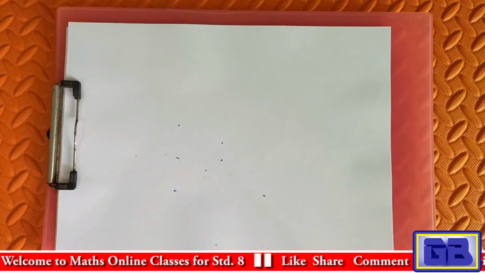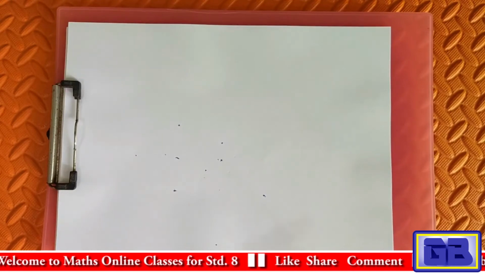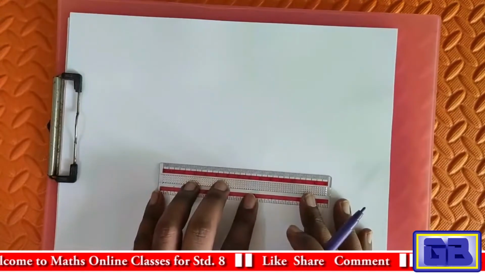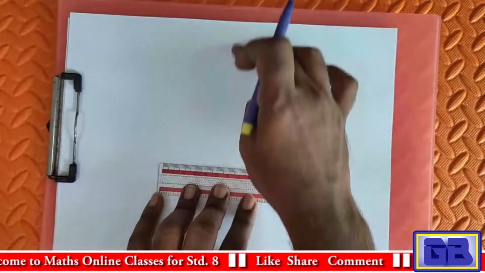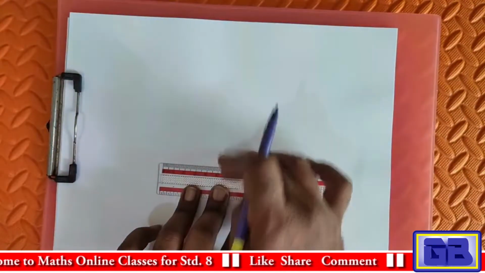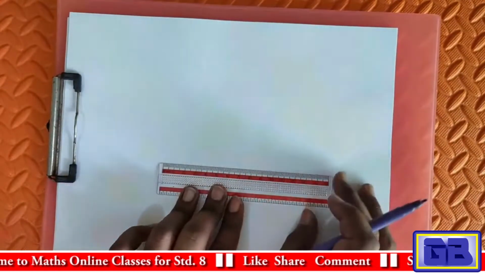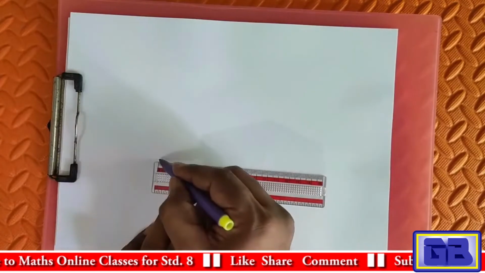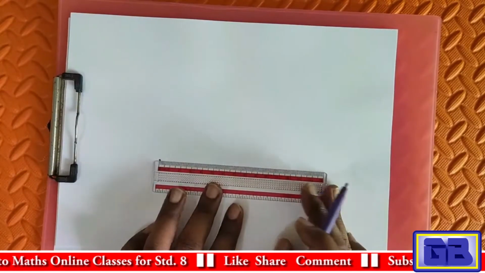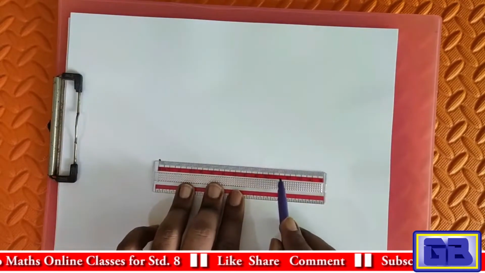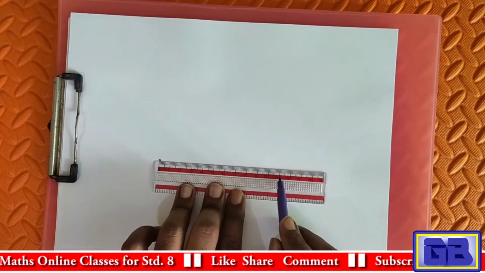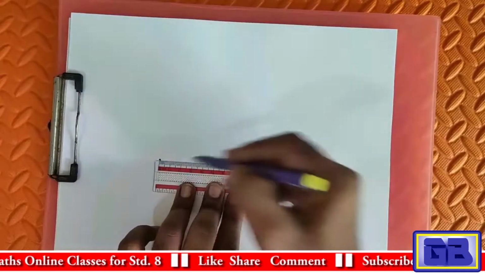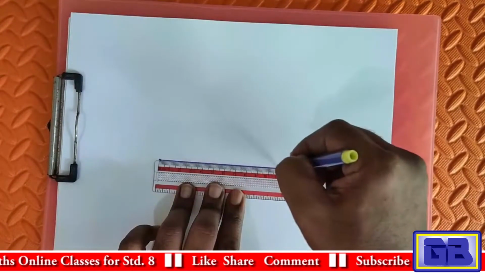Now you will draw a triangle along with me. Take your scale. Take sufficient space, maybe 10 to 11 lines you leave. From your margin line, leave 2 finger space, take 1 point, and draw one segment which measures 11 centimeter.